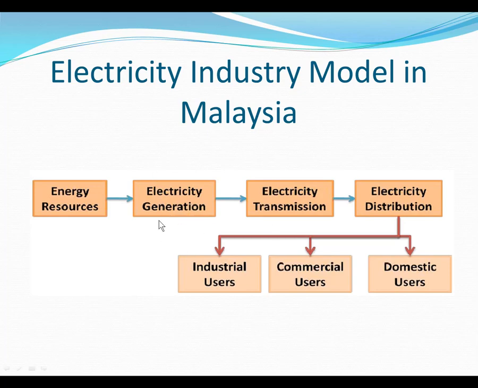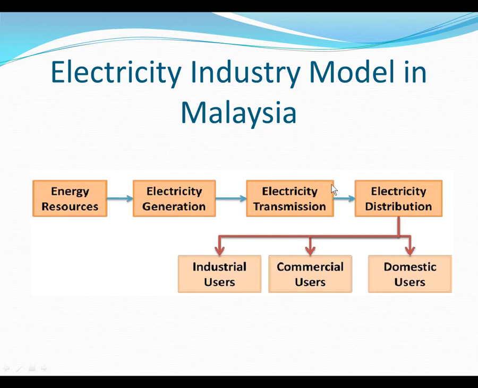This generation station will produce electricity. From this station, we have to transmit power towards the load center. Okay, because usually the generation station is placed far away from the load center. So we have to transmit a huge amount of power through the transmission system or transmission line.